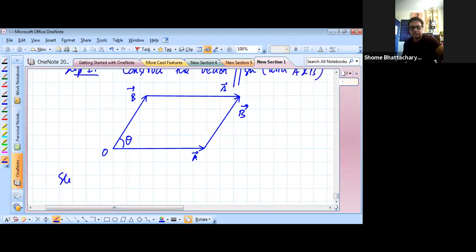Now step two, we'll find A plus B within this, and we'll find A minus B within this by observing the diagonals.